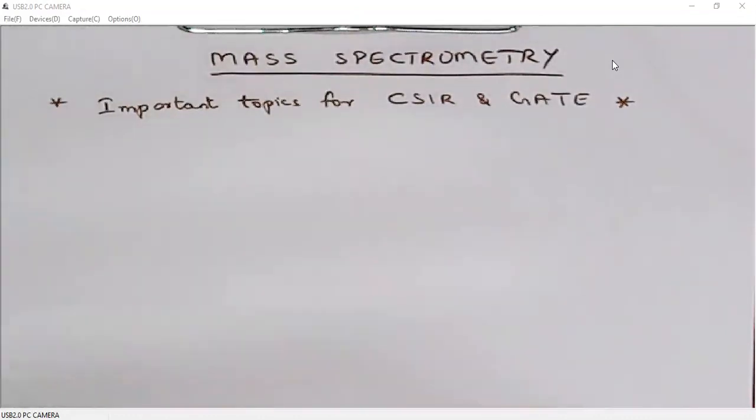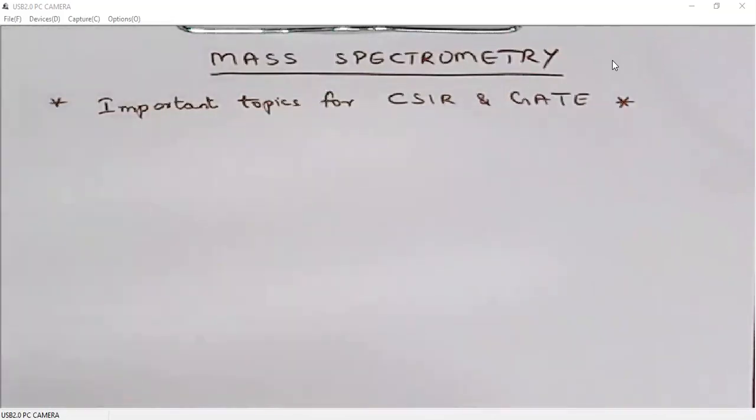So, this class is conducted to give you some important topics on mass spectrometry. What is mass spectrometry? When we supply high energy, the compound will undergo ionization, subsequently fragmentation.